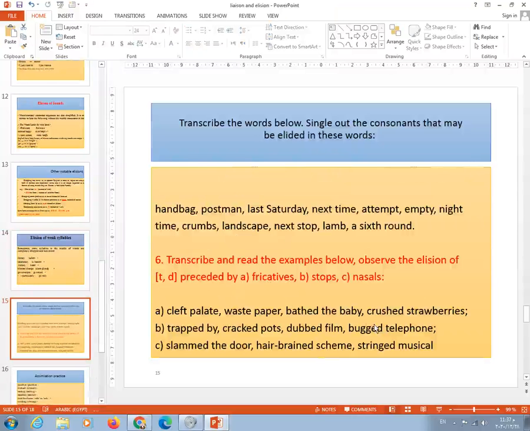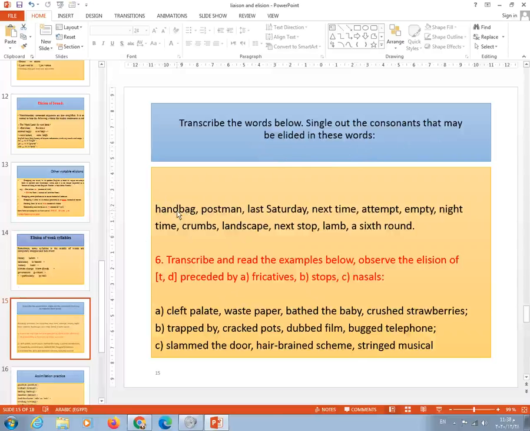Let's look at some exercises. Transcribe the words below. Single out the consonants that may be elided in these words. For example, handbag. The word has a vowel, consonant, which has been deleted. Please apply the rule. What does it say? When you have 3 consonants, drop the medial one.